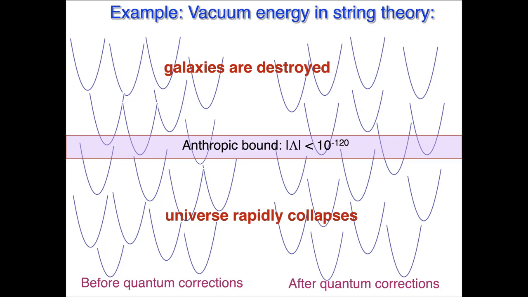In quantum creation of the universe, the wave function of the universe must cover universes with all values of this tensor field. Therefore, in some of them, it will be anthropically acceptable, because if the cosmological constant is too large, then the galaxies are torn apart and do not form. If the cosmological constant is negative, the universe collapses too fast. So we can live only in this band where we can live.